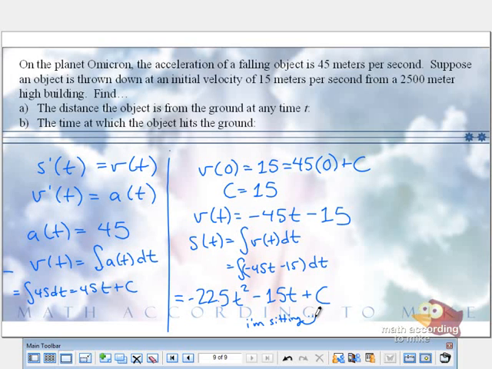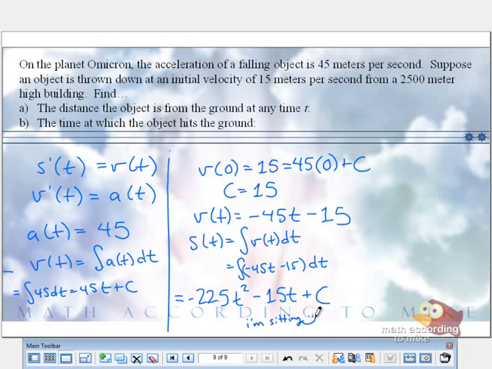But notice this is a general position function, and it doesn't say when the building is 2,500 meters high. So that information is how we get our c. So again, this is at the initial time, so t equals 0 when s equals 2,500. Very good.